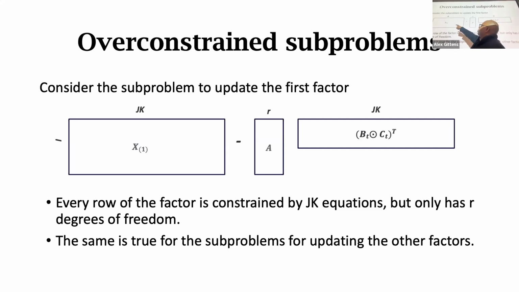Similarly, when I matricize X, it has JK columns. All right, so now just looking at this, you can see that every row of A has only R degrees of freedom, and it's constrained by JK equations. So there's just many more constraints than there are degrees of freedom. And the same thing happens for the other factors.